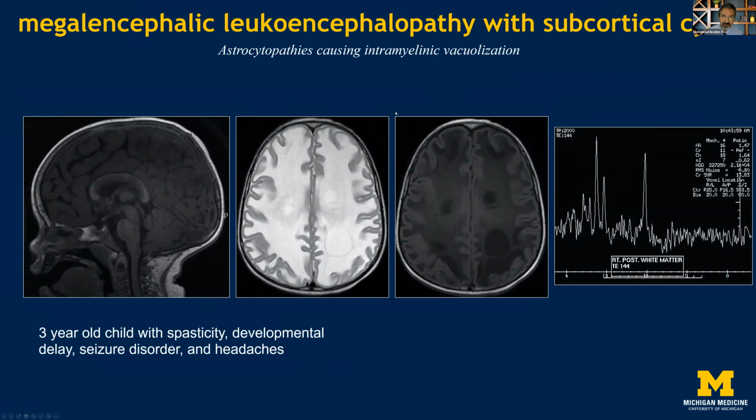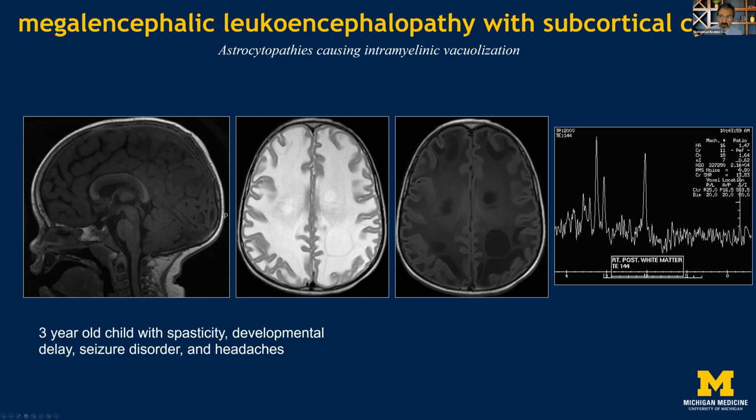Another disorder that is presenting with macrocephaly is megalencephalic leukoencephalopathy with subcortical cysts. This is another astrocytopathy. The pathophysiologic process appears at the level of the astrocyte with intramyelinic vacuolation. Classically, they have extensive T2 signal throughout the cerebral white matter. You can see there's evidence of cyst formation.